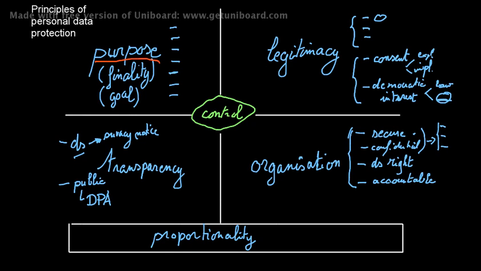Only relevant data can be used, so you have to make a proportionality test towards the purpose. With regard to legitimacy, the proportionality generally comes up when measuring at what level you have to find your legitimate interest. Do you have to get the consent, or can you find it elsewhere?